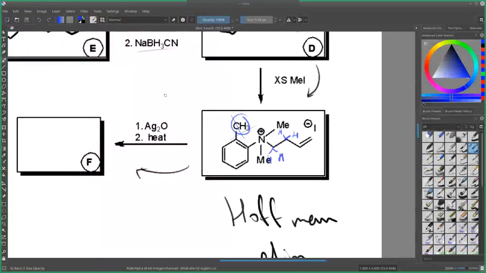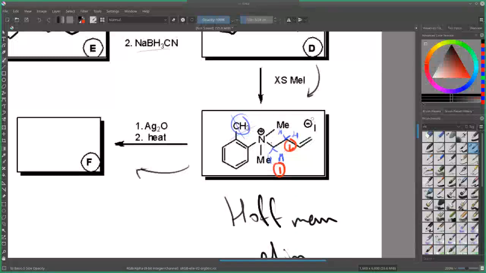Maybe now I'll ask a fun question. Which of the pairs of hydrogens is it going to be? Is it going to remove from one or two? Two. Yeah. Nice. Okay. So we expect that this bond here is going to go.